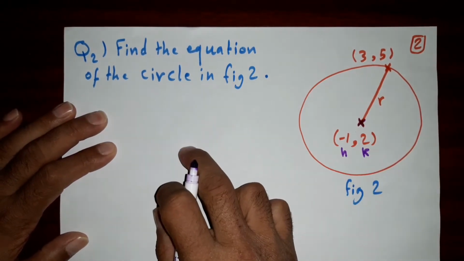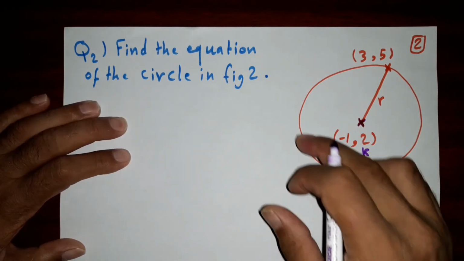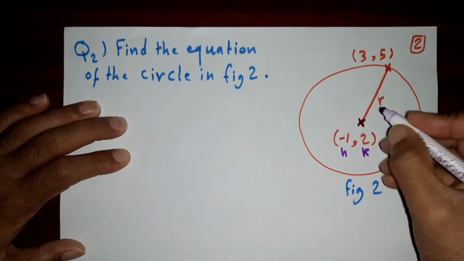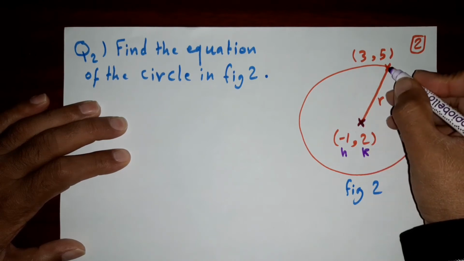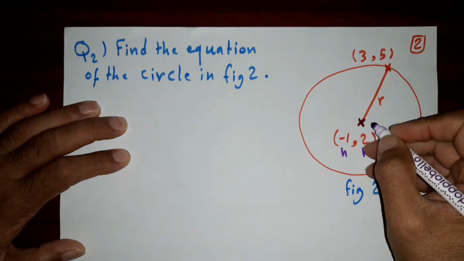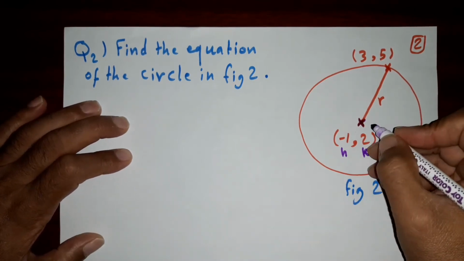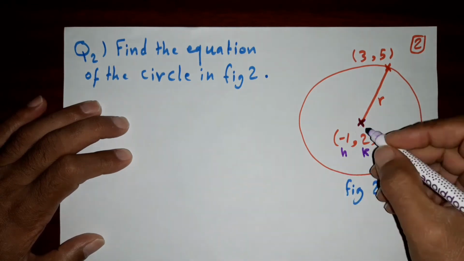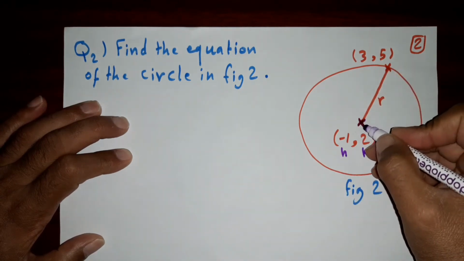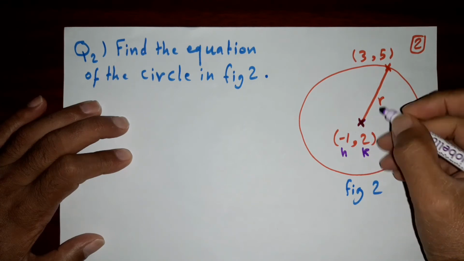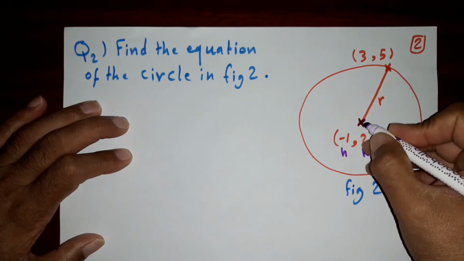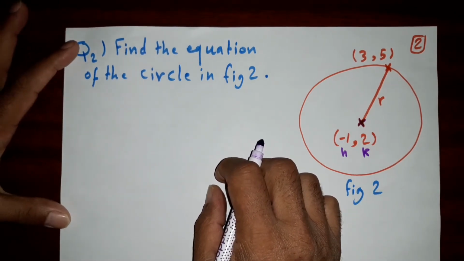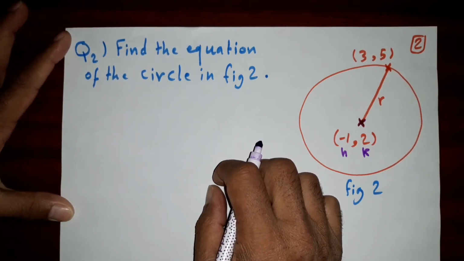How can we find the radius? If you notice, the radius is the line segment from the center to the circumference. It is a line segment between 2 points. The length of this line segment between the two points, we can get it by the length formula of the line segment.